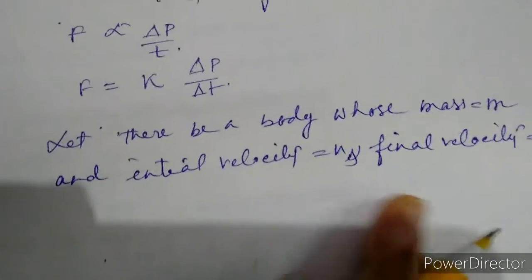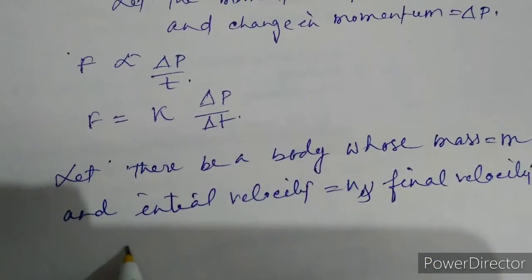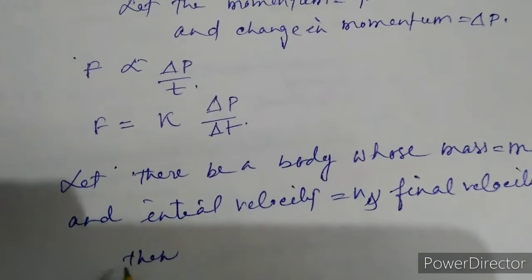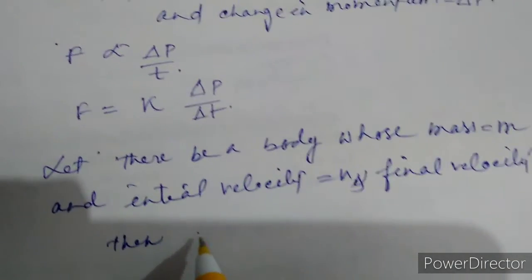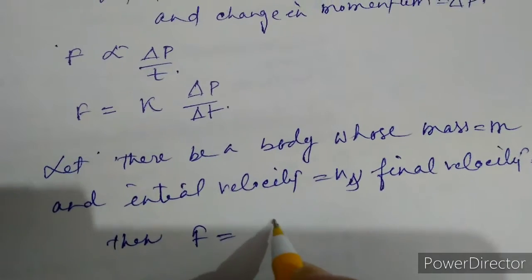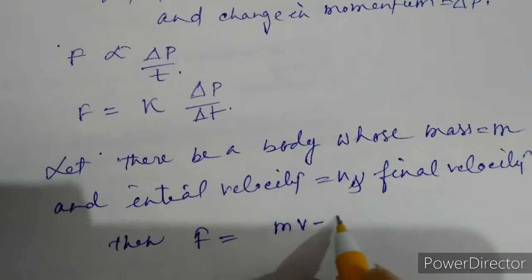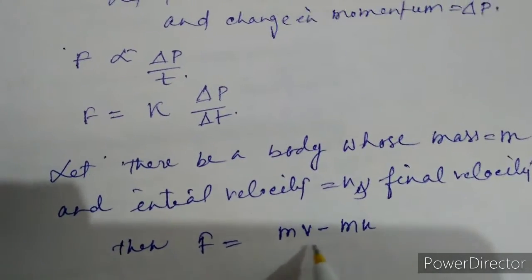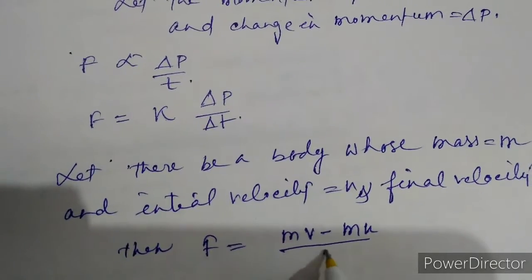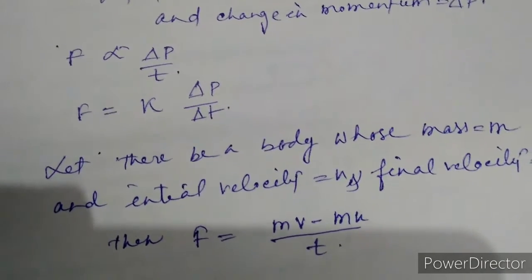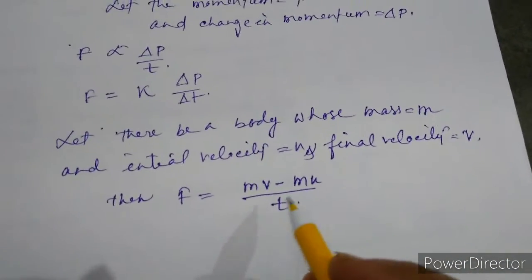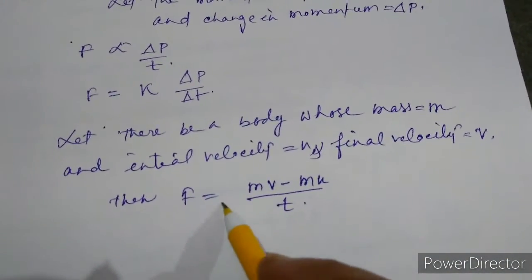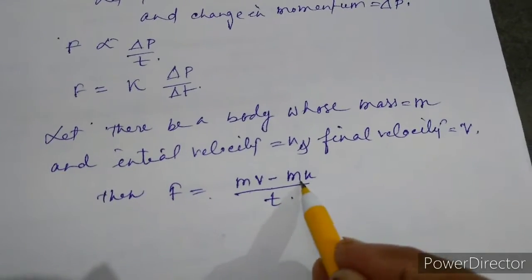Initial velocity u and final velocity v. Then we can write that the rate of change of momentum, F, is equal to mv minus mu divided by t. How has this come? mv minus mu.